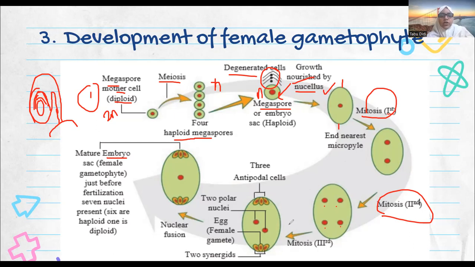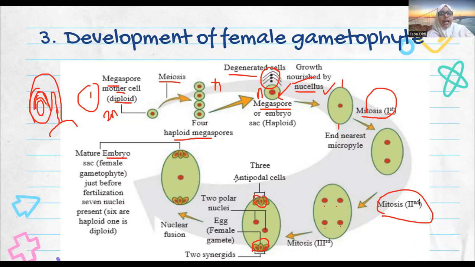Okay, so now there will be rearrangement. Rearrangement means the nuclei will take positions. So 3 will assemble at this pole, and 3 will assemble over here towards the micropylar end. So 3 nuclei will assemble at the base, 3 nuclei will assemble over here.